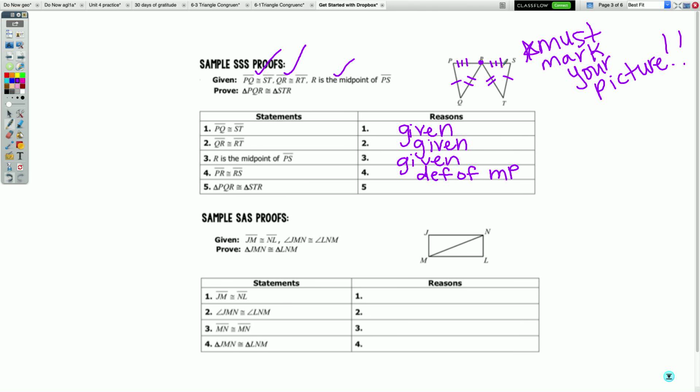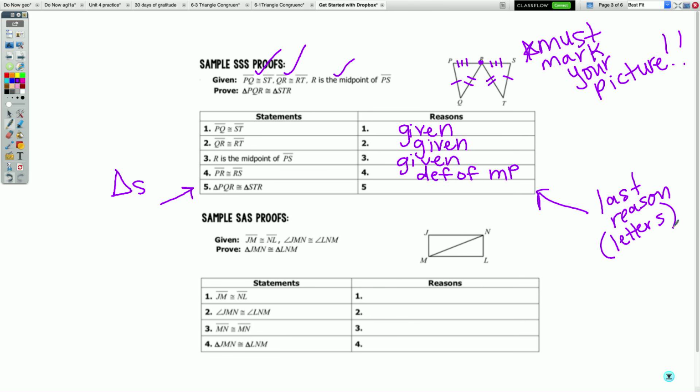The last step always has our congruence statement here. So once you see the triangles, you know you've reached the end, and that is where we put in our letters. So either side, side, side, side, angle, side, or angle, side, angle is going to be our last reason.